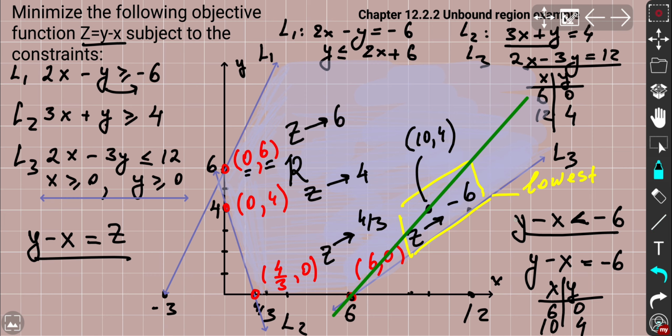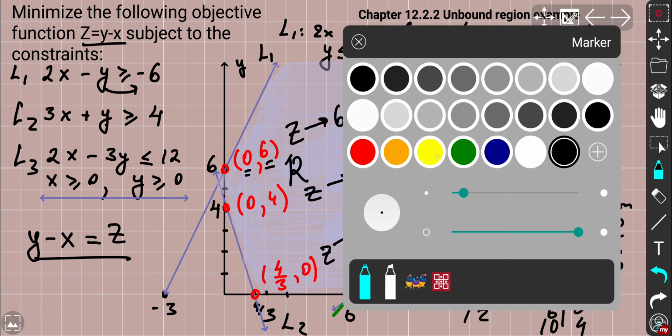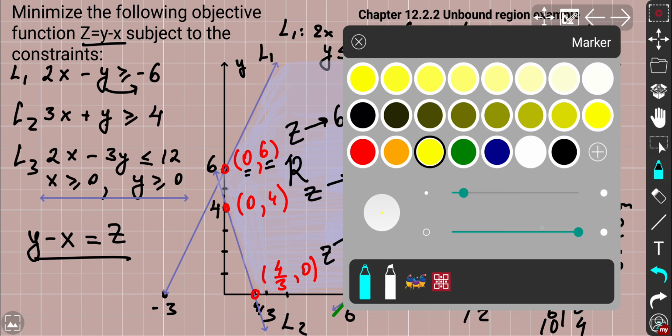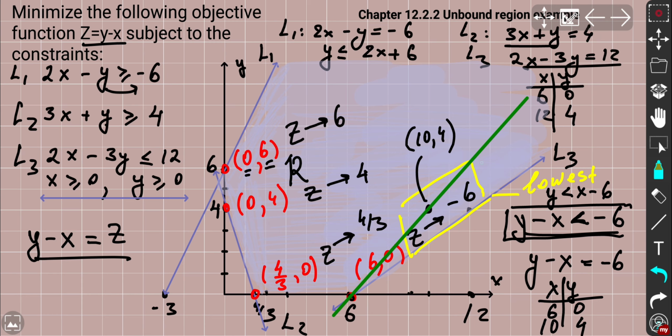So how are we going to test? If you rearrange that inequality, you'll get y is less than x minus 6. So basically the region that is common here is that region, right? So I'm going to shade the region that satisfies that inequality.